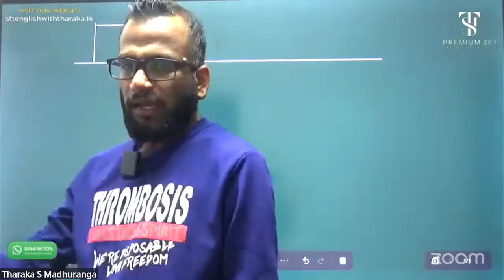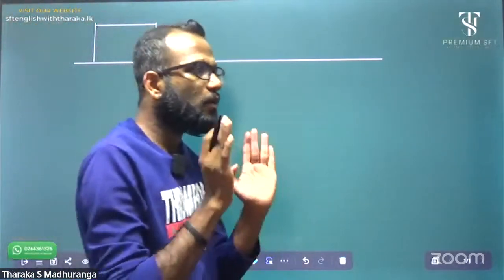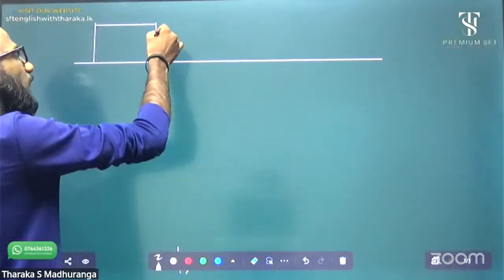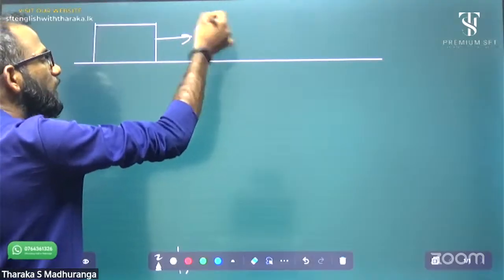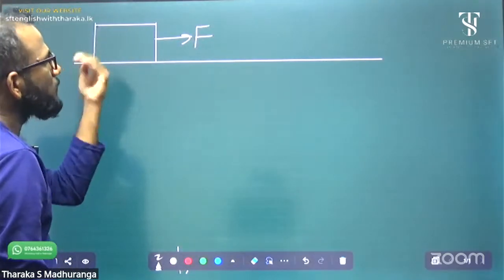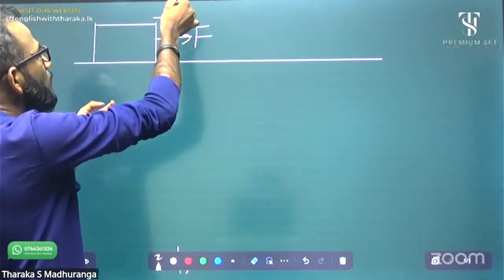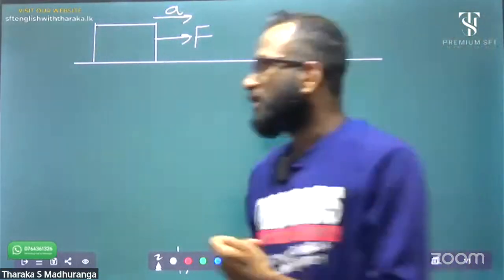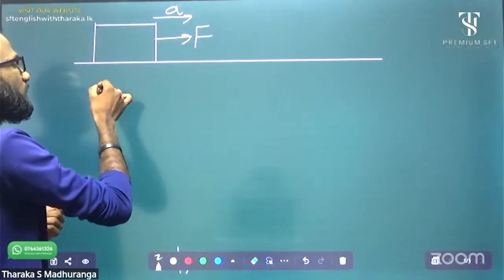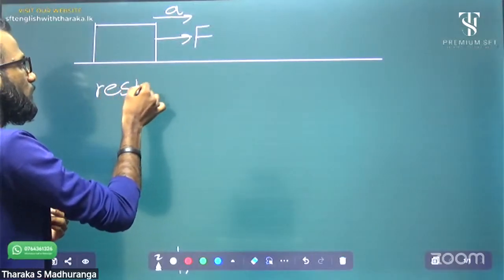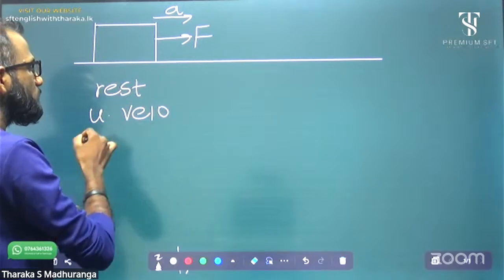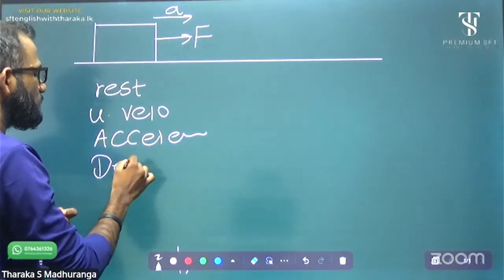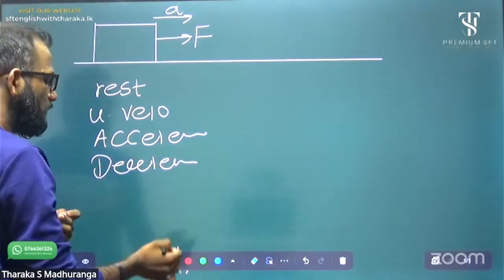But in Newton's second law, he explained accelerated objects. That means it has an unbalanced resultant force, so the object has acceleration, accelerating or decelerating. In the first lesson I explained rest objects, uniform velocity objects, accelerating objects and decelerating objects.